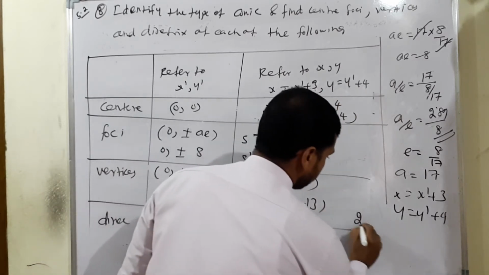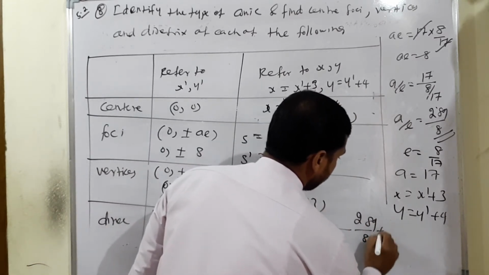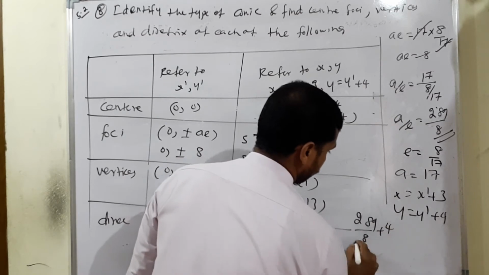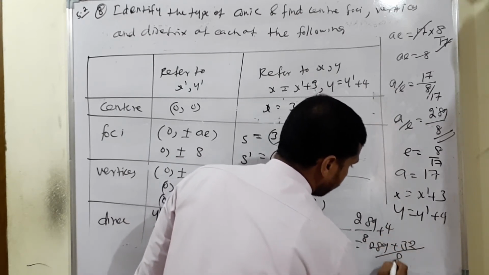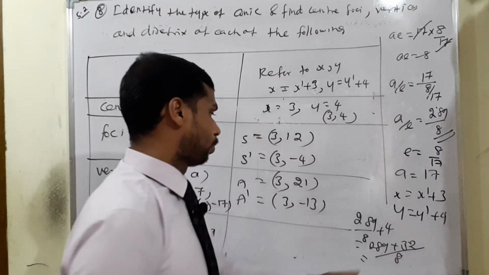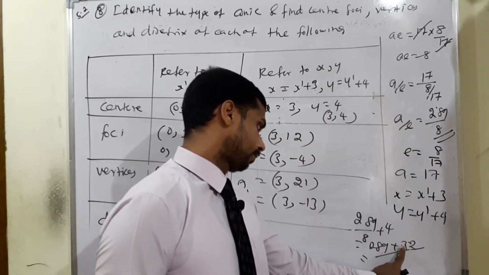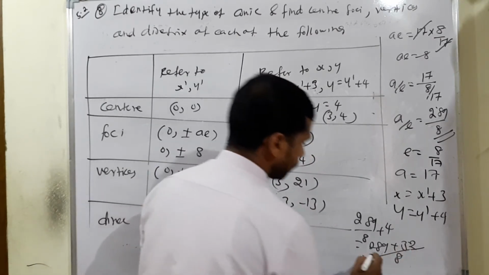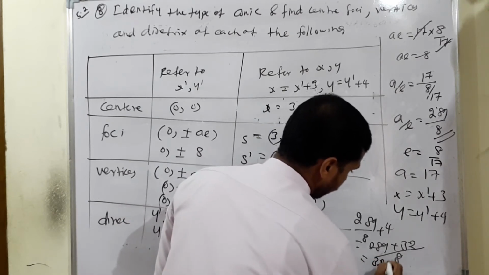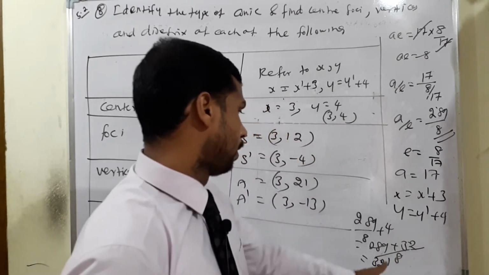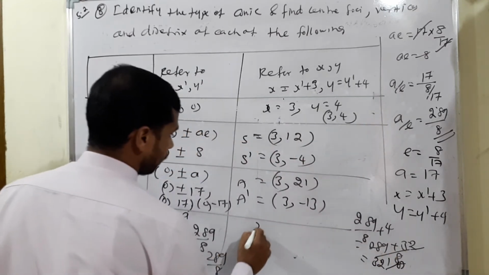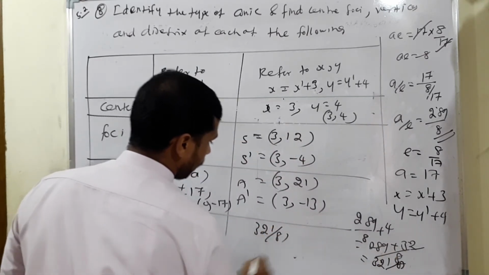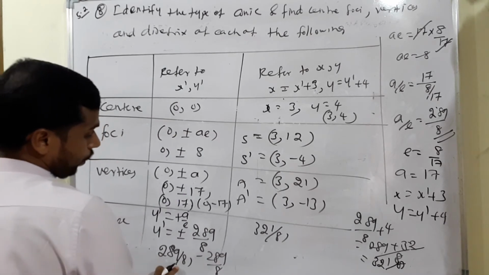So, first one y dash, 289 by 8, isn't it? Look at there. 289 by 8 positive 4. Therefore, 4 8s are 32. Now, 289 plus 32 is 321, isn't it? So, 321 divided by 8, first condition, when positive 289 by 8.